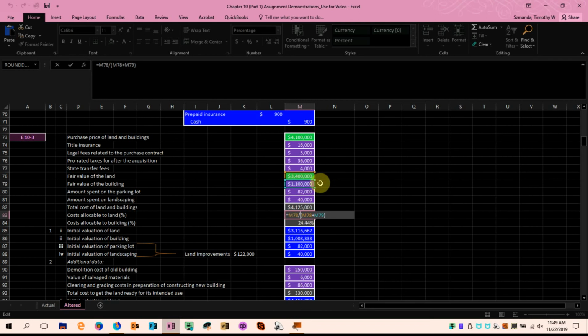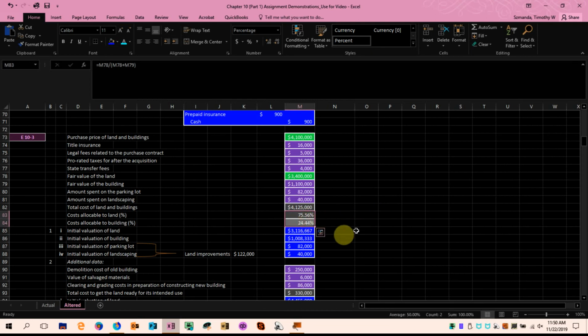Well, we're going to take the fair value of the land and divide it by the combination of the fair value of the land and the fair value of the building. The denominator is the value of both items, and then in this case, the numerator is the fair value of the land. And since we only have two assets, I just took 1 minus 75.56%, or you could use the other method I described earlier, and just went through for the land. And you will arrive then at the allocation based on fair market value of the respective assets.